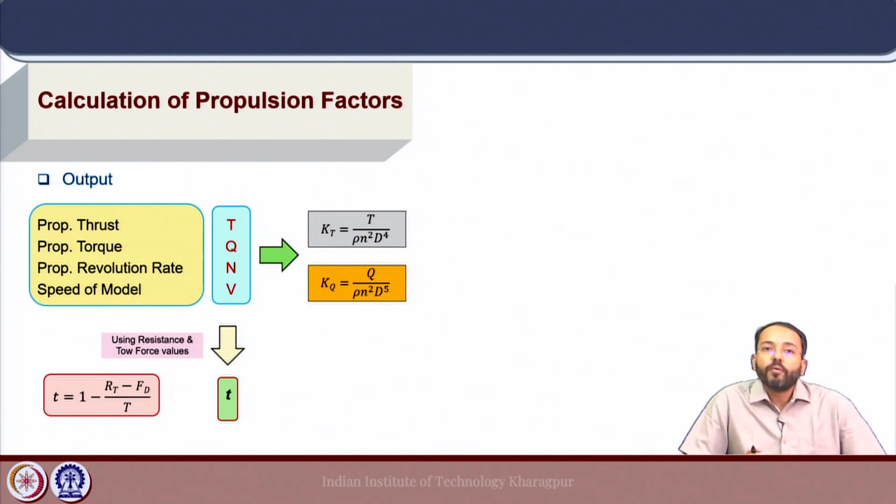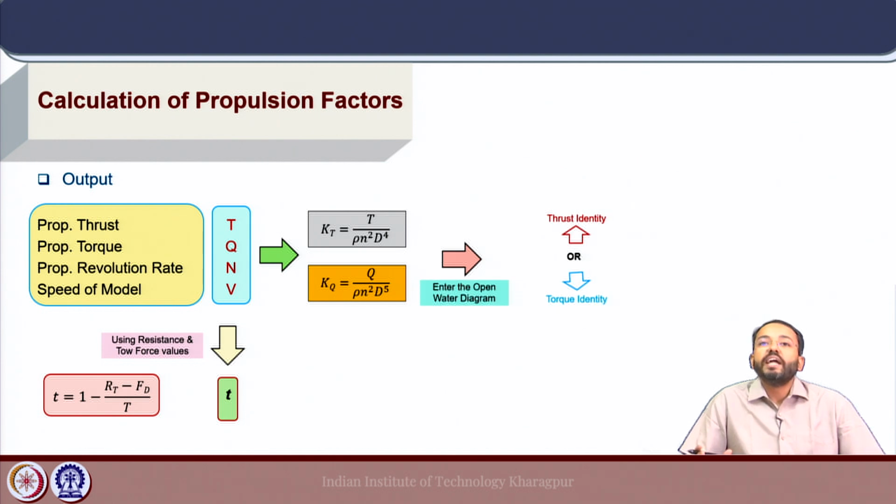Now, from the measured value of thrust and torque, we can calculate the thrust and torque coefficient in the behind hull condition for the propeller. Now, we will use this data to enter into the open water diagram, which we have obtained from the propeller open water test. As we have previously discussed, there are two ways of entering into the propeller open water diagram. One is using the thrust identity and another is using the torque identity.